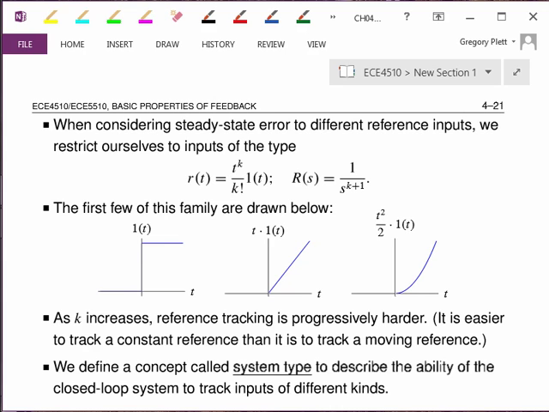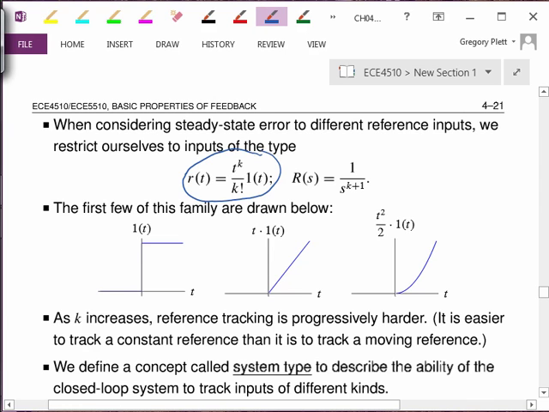nice way. So the type of input that we're interested in the time domain looks a little bit challenging. It's r of t equals t to the kth power divided by k factorial times 1 of t for different values of k, integer k greater than or equal to 0.